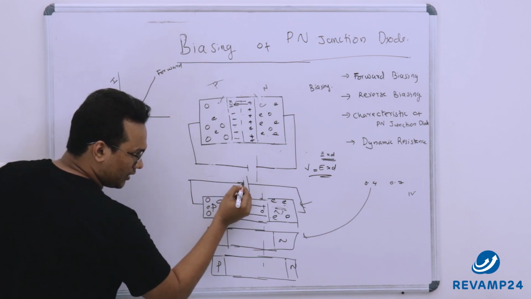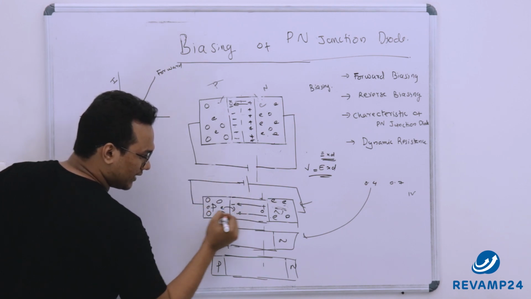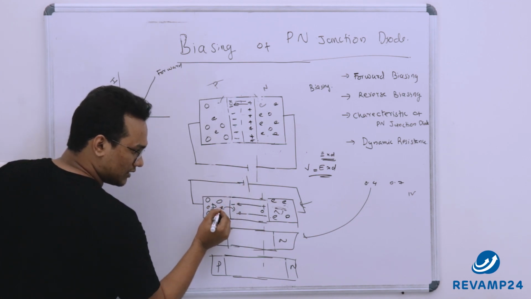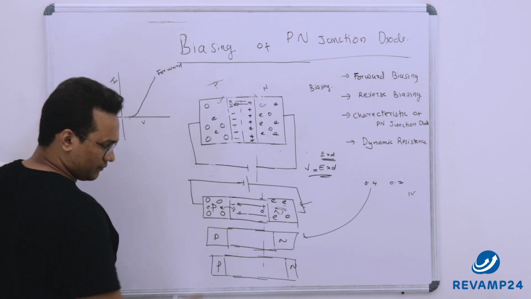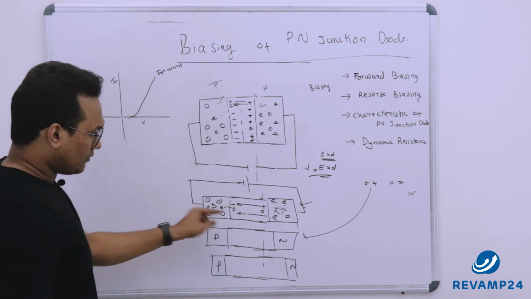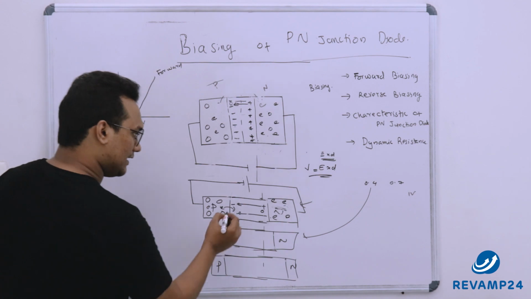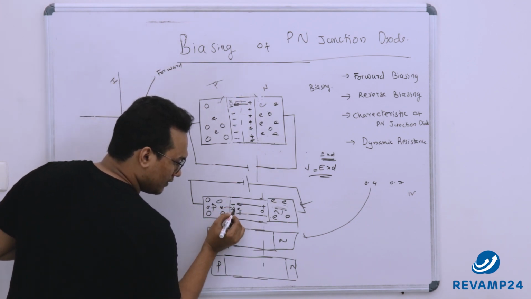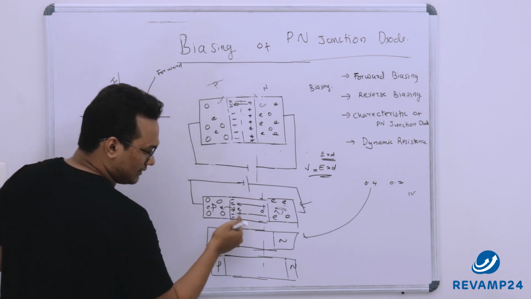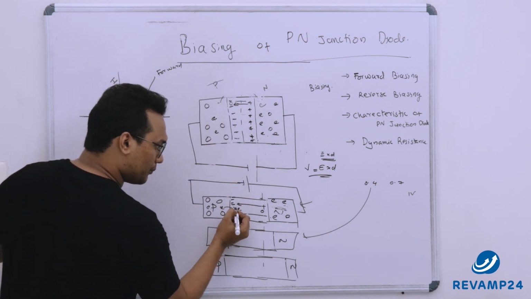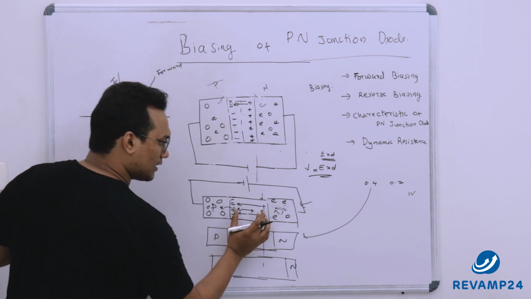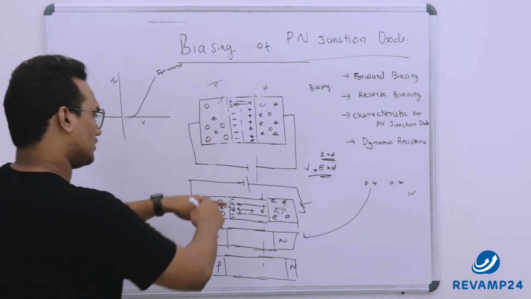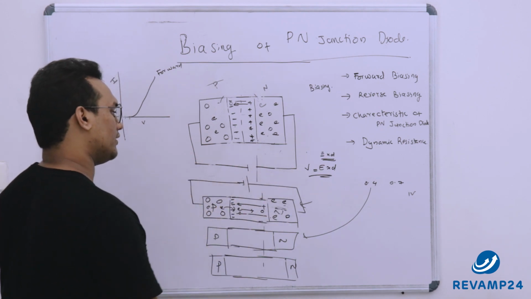The negative terminal of the battery is pushing electrons here, negative repulsion, so the electron will come to the depletion region, and the positive charge on this side of the depletion region will push the electron in this direction, so that electron-hole combination will happen, making a current. So this process will keep on continuing.